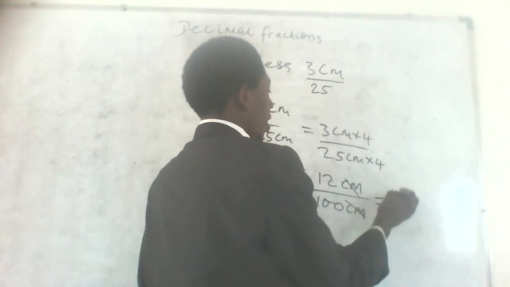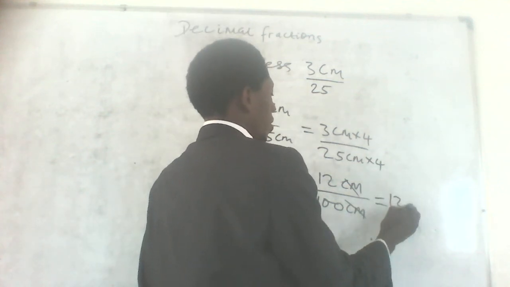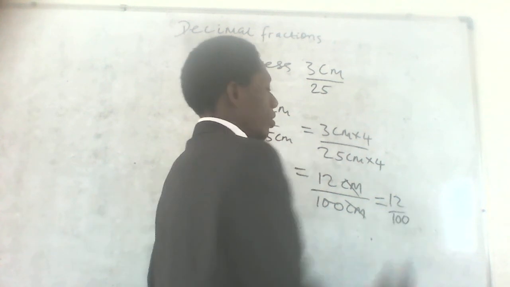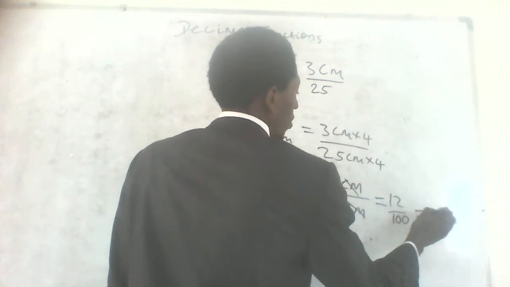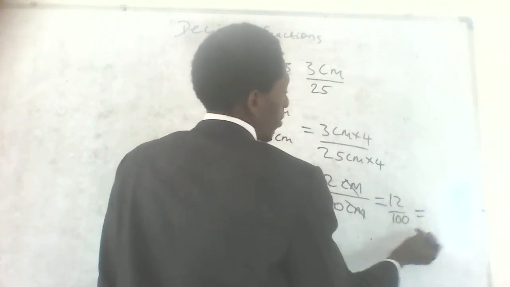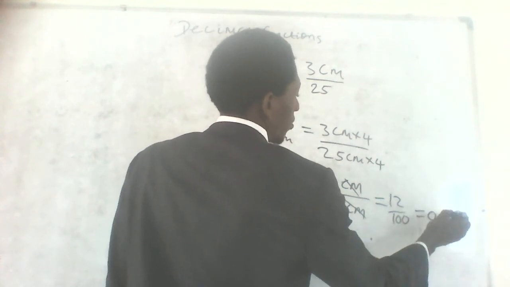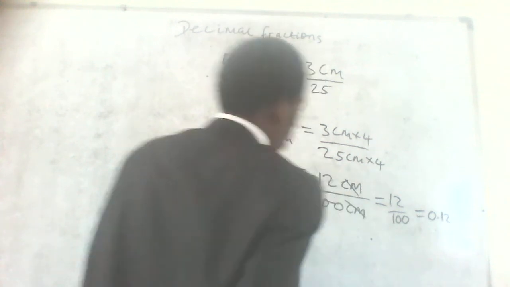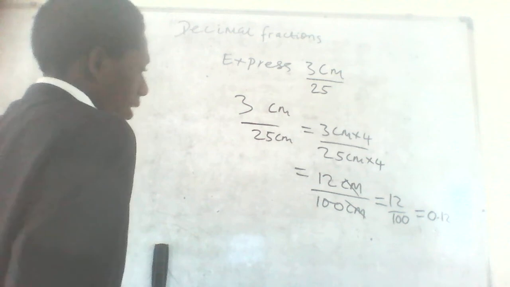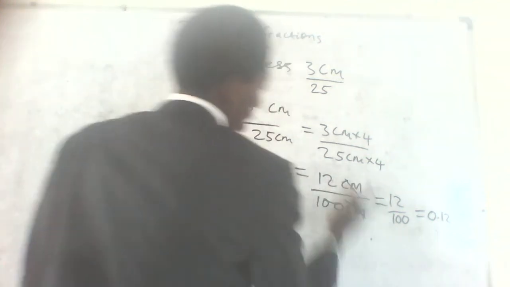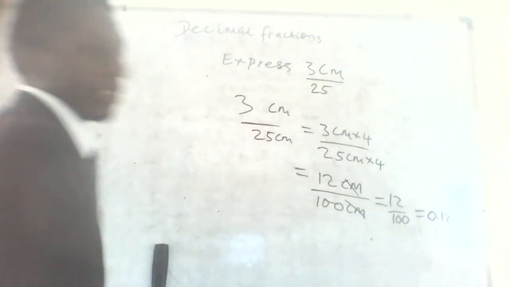That means I will have 12 divided by 100. And of course, this will give me 0.12. Now there will be no unit again because I have already cancelled the units, they cancelled themselves out.